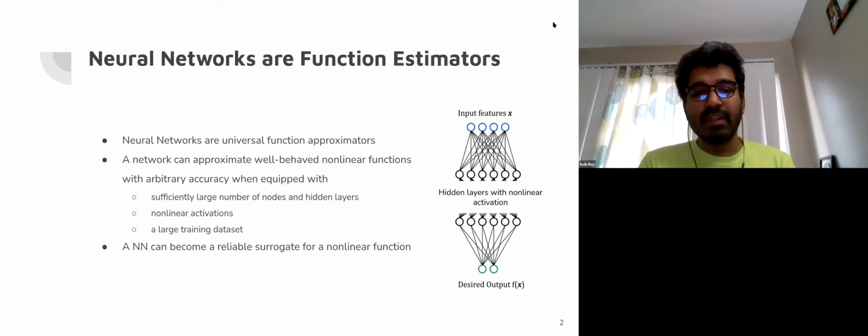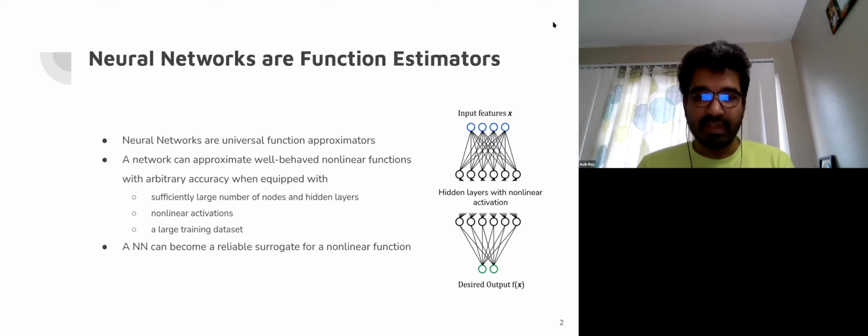So what does it mean that neural networks are universal function approximators? It means you can train a neural network to mimic arbitrary nonlinear functions with very high accuracy, as long as you have a sufficient number of nodes and hidden layers, a large enough training data set, and an appropriate choice of loss function that allows backpropagation of gradients and eventual correction of the weights and biases.